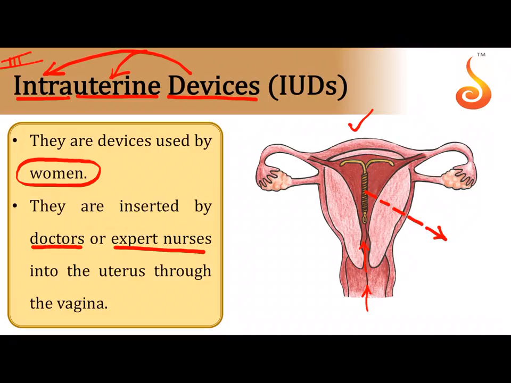See how it is placed here, it is sitting inside the uterus, and like I said, it needs to be inserted through the vagina and through the cervix, and as a result one cannot do it all by herself. It requires the help of a doctor or an expert nurse. Okay, so this is what is referred to as an intrauterine device.